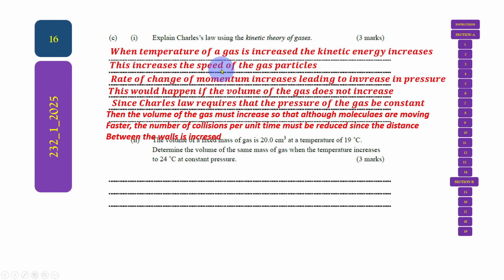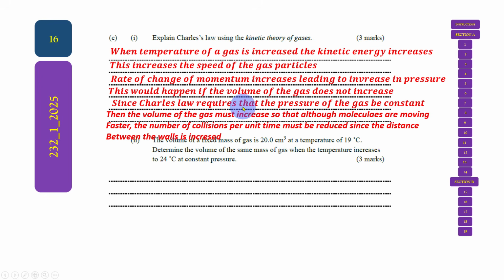So this increases the speed of the particles. If the speed of the particles increases, the rate of change of momentum, which is force, increases, leading to increase in pressure. This would happen if the volume of the gas does not change. The pressure will increase if the volume of the gas does not increase.